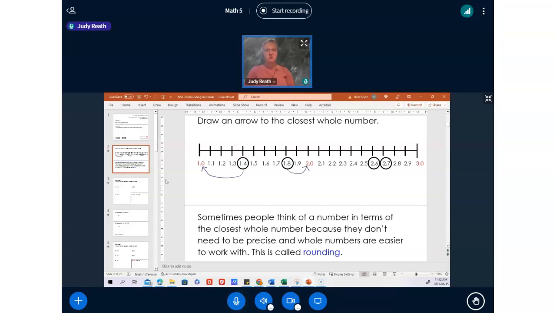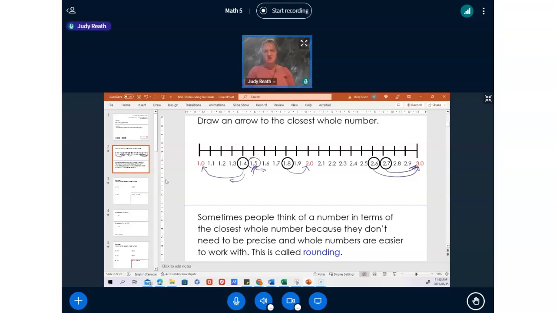Because remember, this is our deciding number, right? 1.5, if it's 5 or more, it goes up. But if it's less than 5, it goes down. So 2 6/10 goes up to 3, and 2 7/10 also goes up to 3.